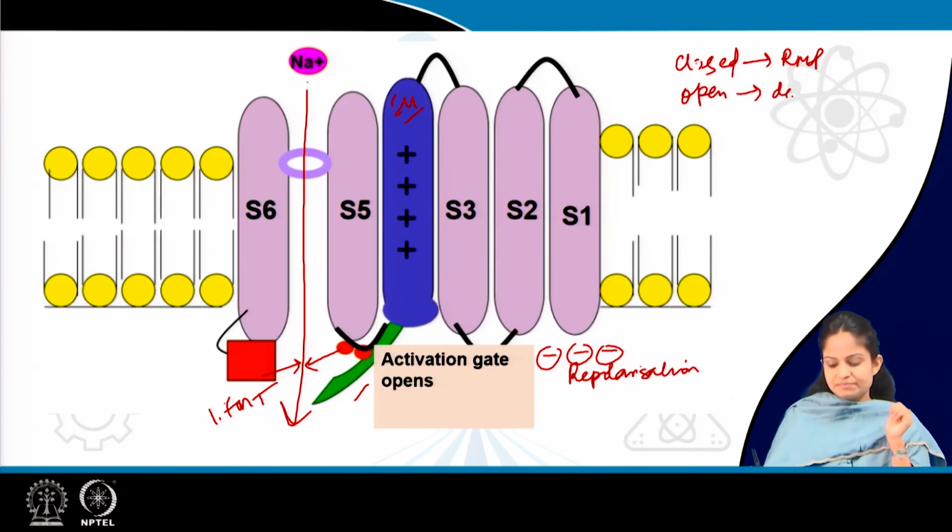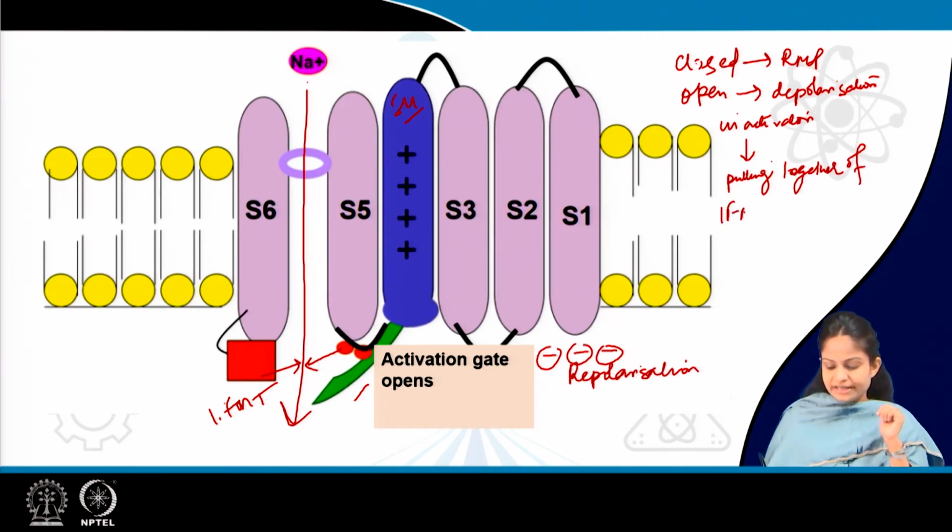Open means this is happening at depolarization, and inactivation is mainly because of the pulling together of IFMT and alanine or asparagine moiety.